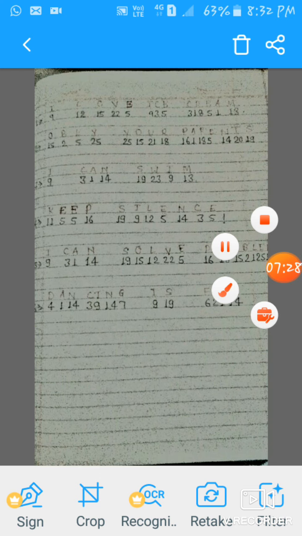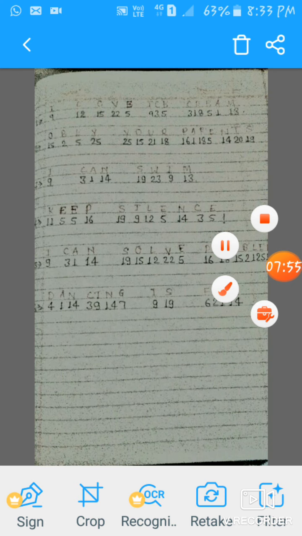Now you will see in the chart. Look at the chart. Ninth: which letter comes on the ninth number? Okay. So 9. You will count on the tips of your fingers. Okay.